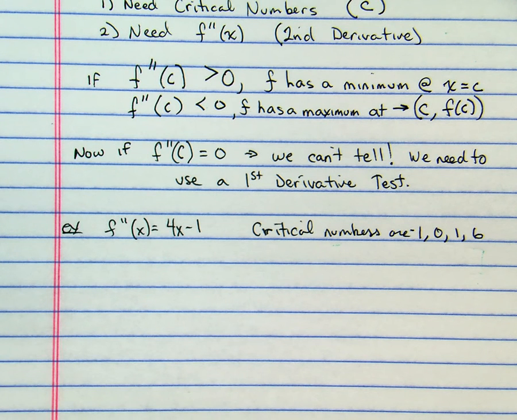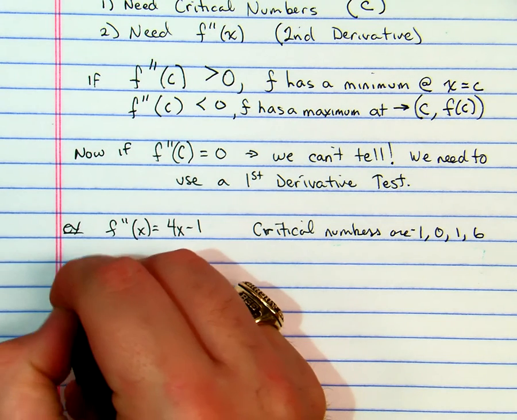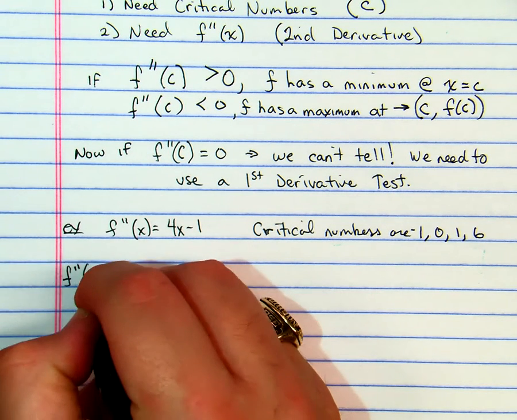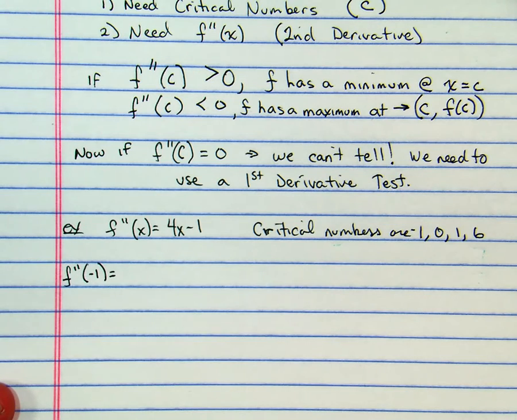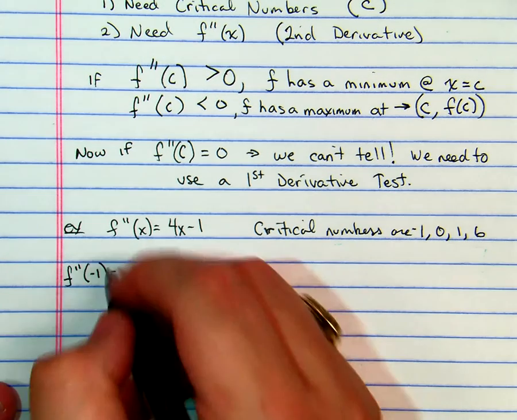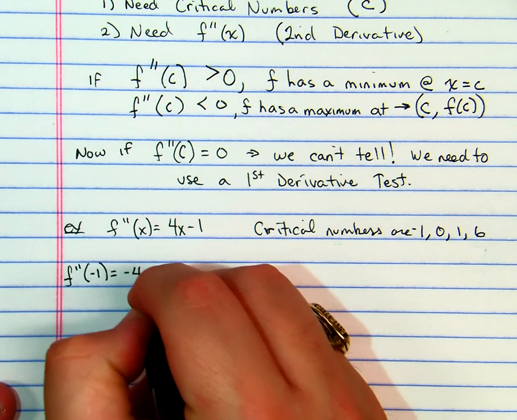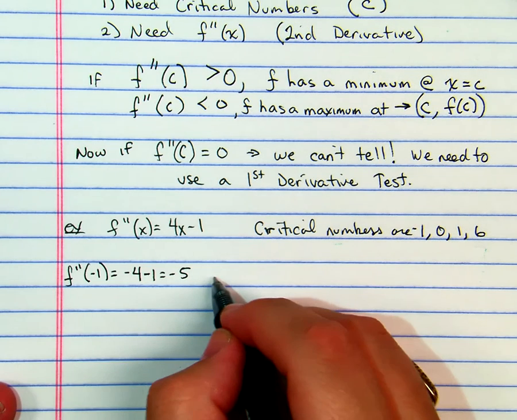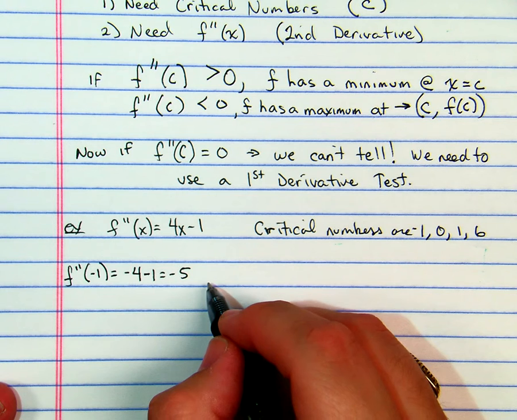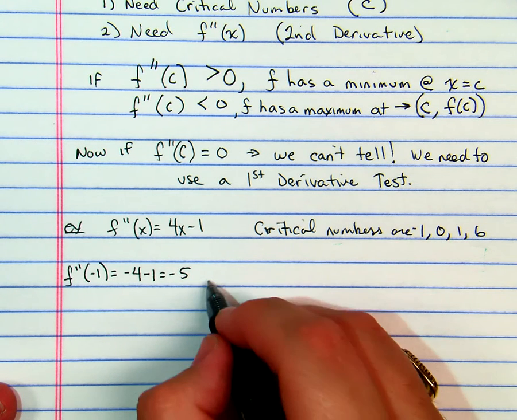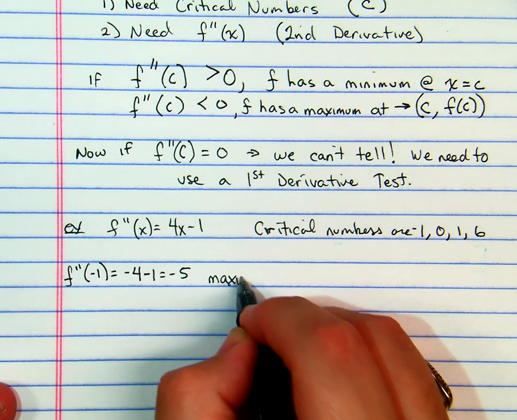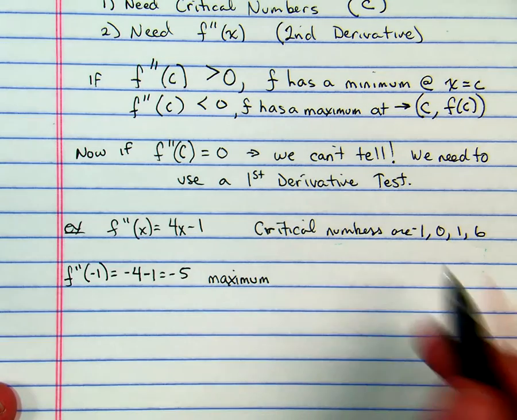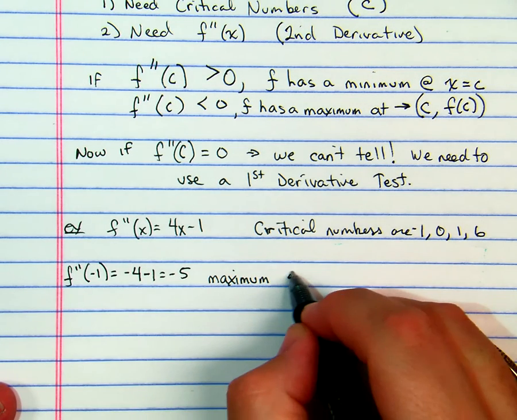Now, how can we figure out if these are going to be minimums or maximums? Yeah, just plug them in. See what you get. What's f double prime at negative 1? You get negative 4 minus 1, which is negative 5. So is this going to tell me we have a minimum or maximum? It's a maximum because it's negative at x equals negative 1.